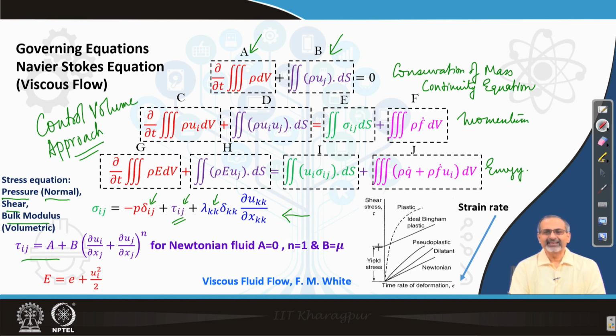Basically, the index n would then decide how it works, and there could also be fluids which do not show any strain for a certain level of stress; beyond that yield stress it would start deforming.